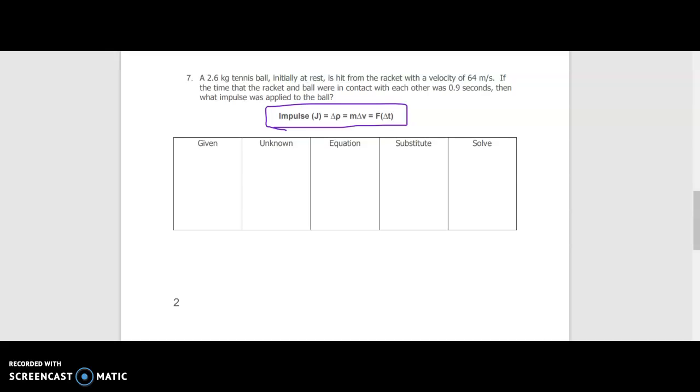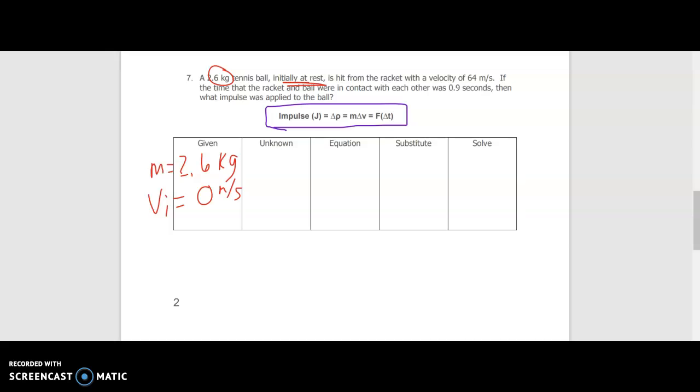Number 7 says a 2.6 kilogram tennis ball initially at rest. All right, so we already have two pieces of information. We know 2.6 is the mass. And it says initially at rest, so that tells me the initial velocity is 0 meters per second.